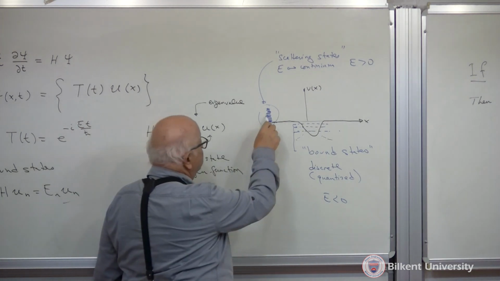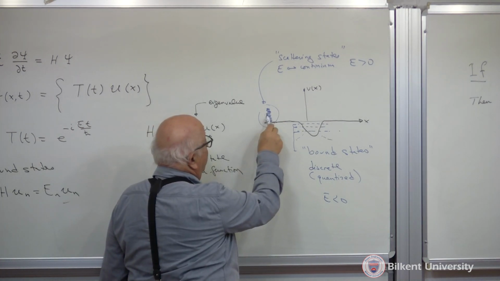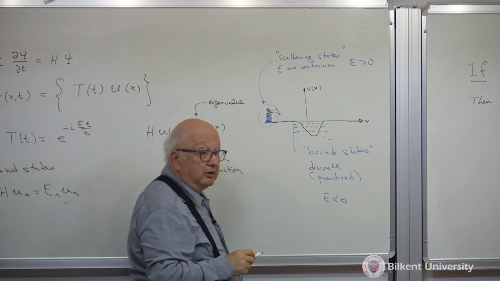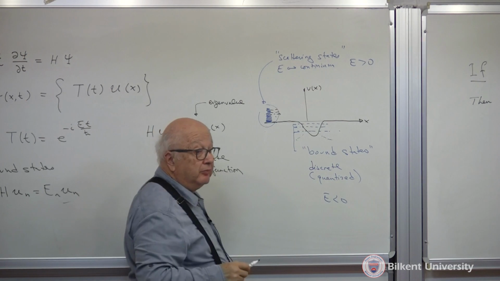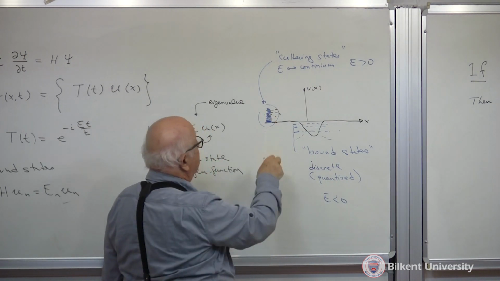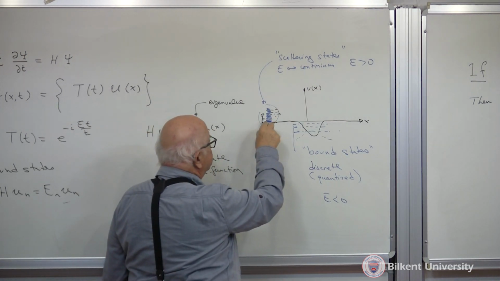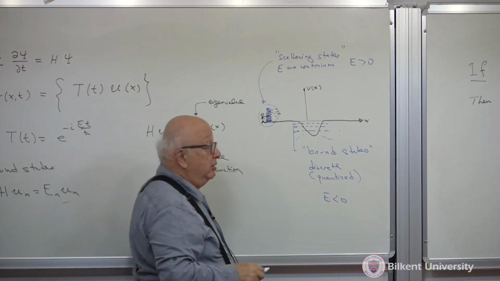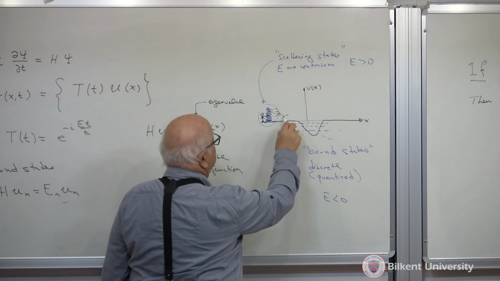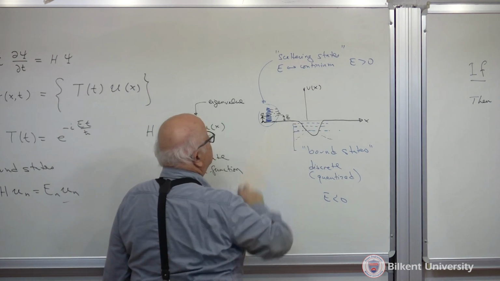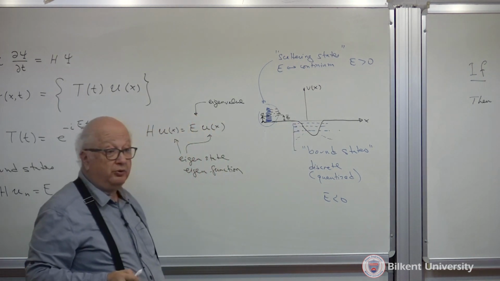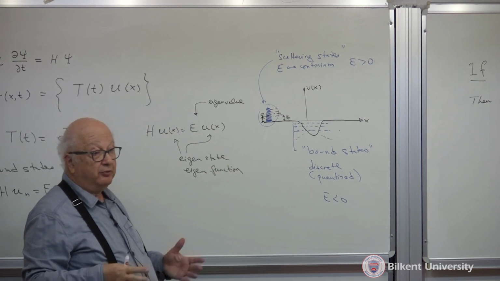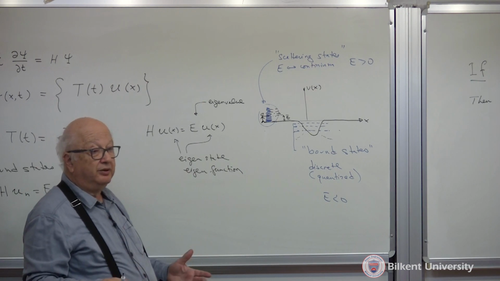But over here, the boundary condition is determined by whoever is sending these particles into this medium. So this is a scattering problem now, and I have my experimentalist here shooting particles, and that person can use whatever energy he or she wishes. So in that case, the boundary condition is much more relaxed.